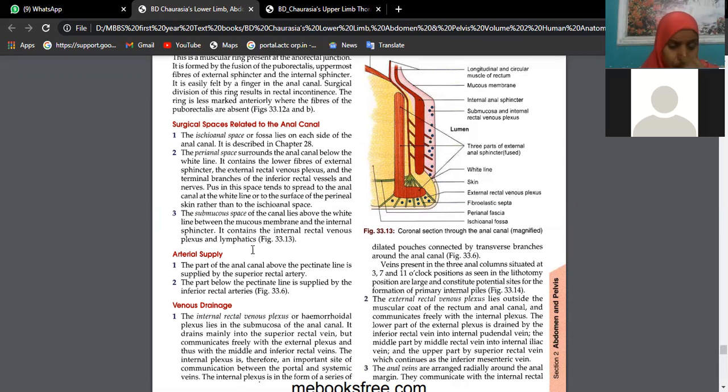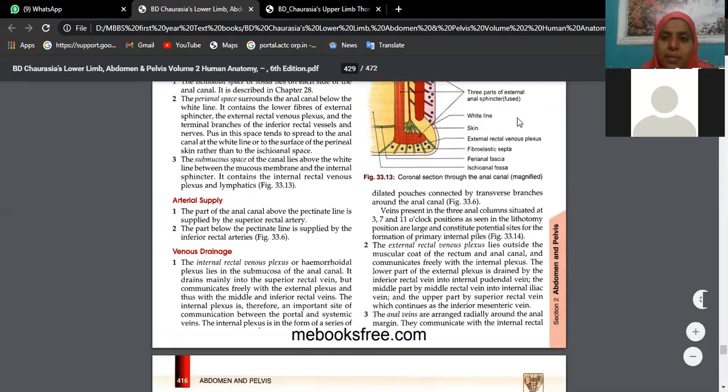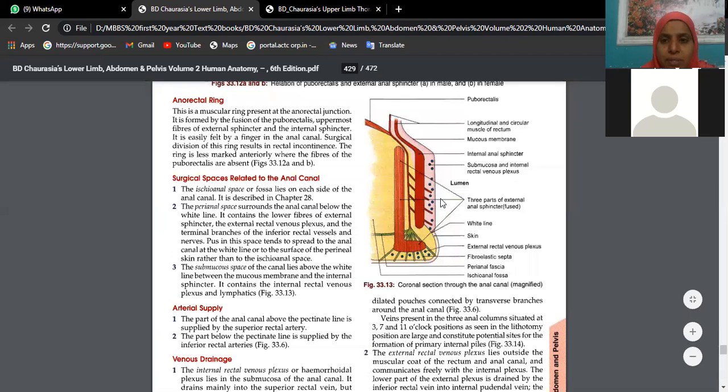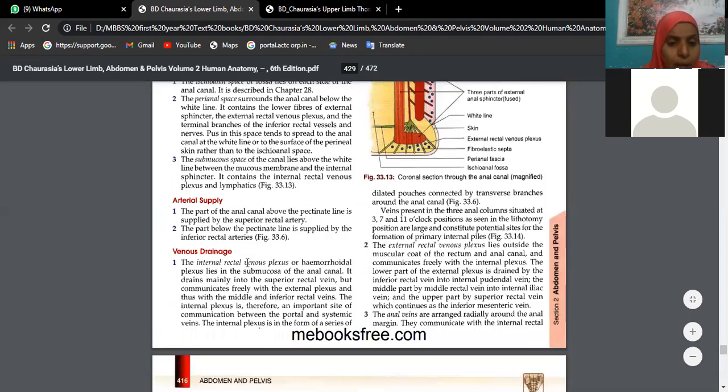Now, what are the blood vessels supplying the anal canal? We have the superior rectal artery and inferior rectal artery. And these are the veins which we just saw, the internal rectal venous plexus, which form the venous draining channels.